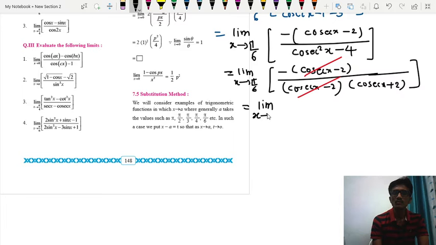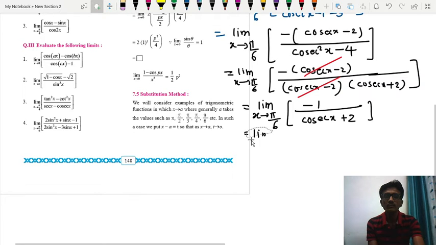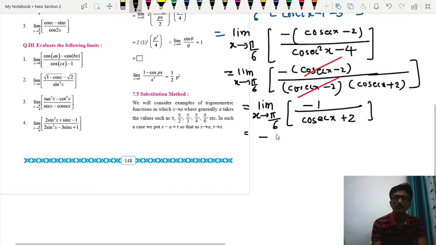Here it is limit x tends to pi by 6, minus 1 upon cosec x plus 2. Now take the limit over here. Taking the limit here, minus 1 upon cosec of pi by 6 plus 2.